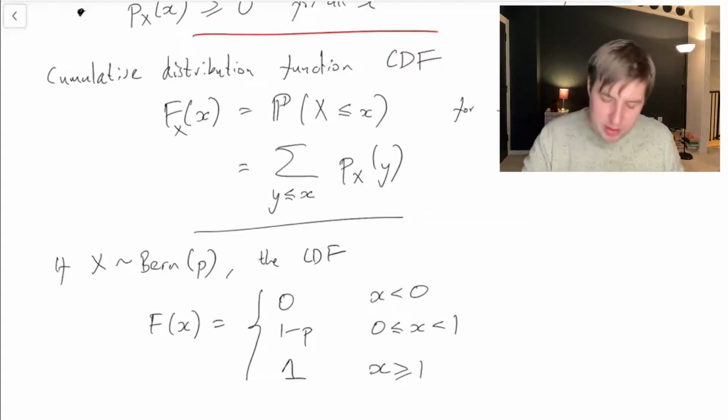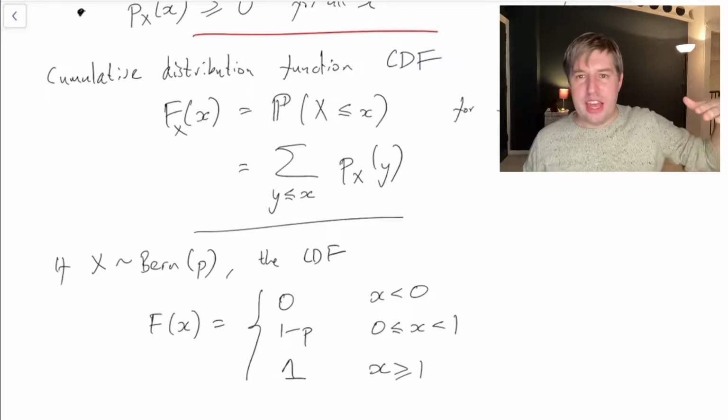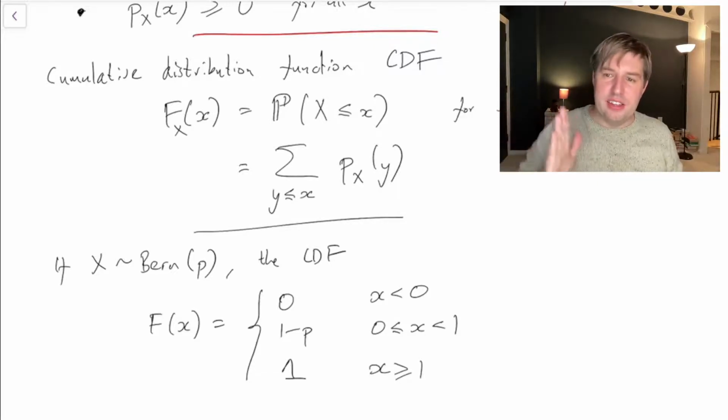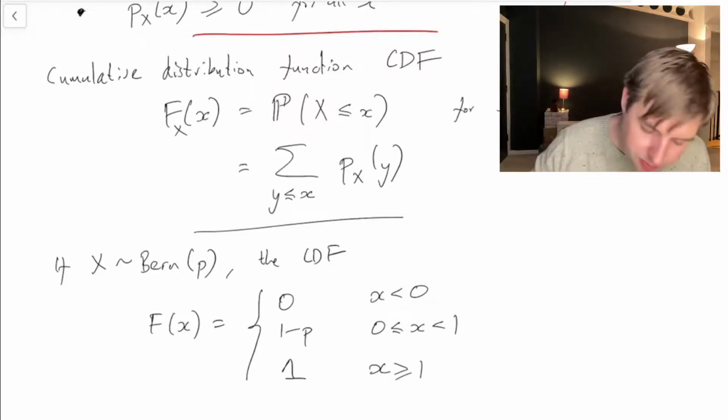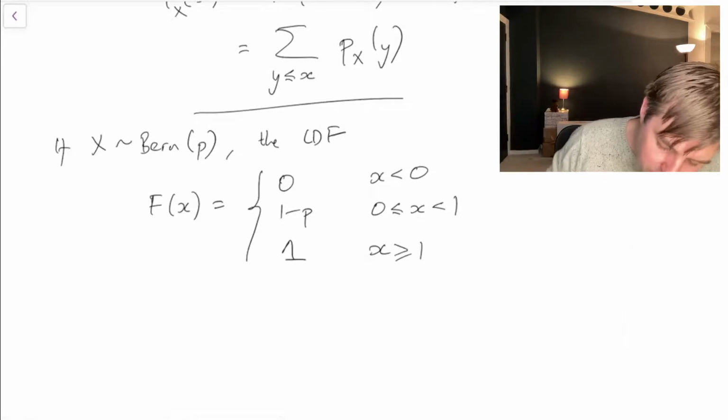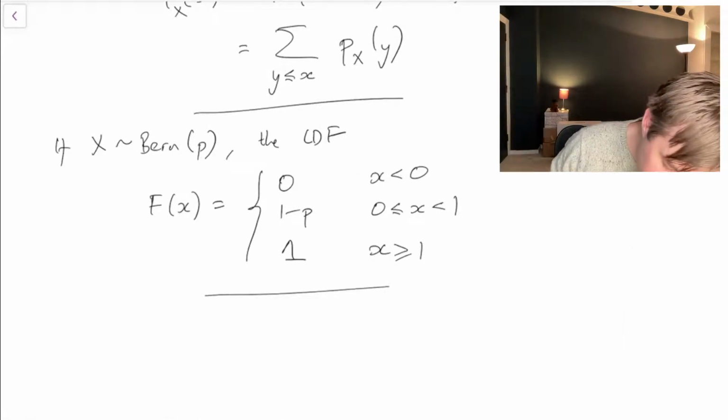So notice that we have this kind of behavior for different cases, where the CDF is flat, then it increases at 0, it's flat again, then it increases again at 1, and it's flat at the top. Similarly, we can do the same for the total of the dice rolls.